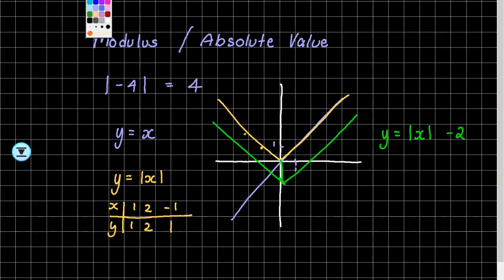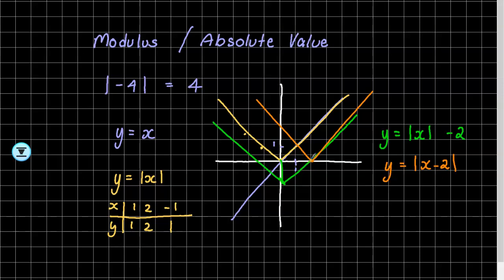What do we think will happen if we had y equals the modulus of, inside the modulus, x take 2? Yeah, it's going to be a horizontal translation. Don't worry, you don't have to do madly copying unless you want to. So it'll be here, because when x is 2, 2 take 2 gives you 0.